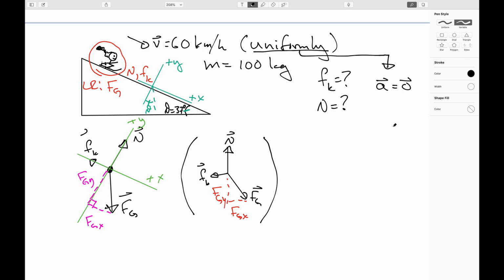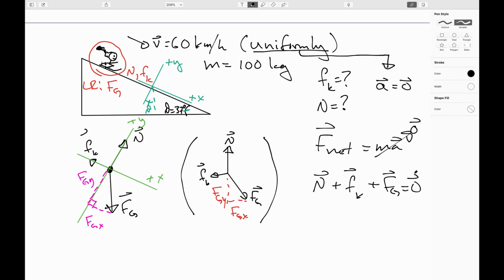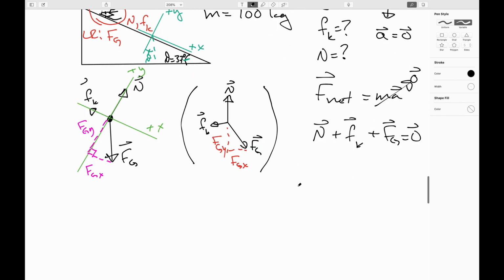Okay, however you do that, let's start expressing Newton's second law here. So F net equals ma, and the acceleration is 0. We've got three forces: the normal force, kinetic friction, and gravity. And as a vector sum, they have to add up to 0.